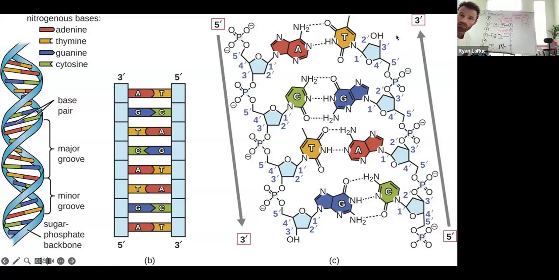So you have the third carbon sticking up on this side and the fifth sticking down. Importantly, the 5' carbon of these sugars is connected to the phosphate groups. That's why there's a phosphate sticking up here but not down here, and sticking down here and not up here, if that makes sense.